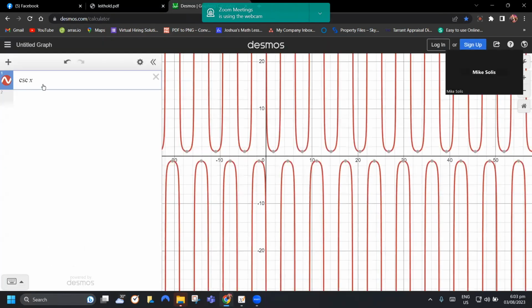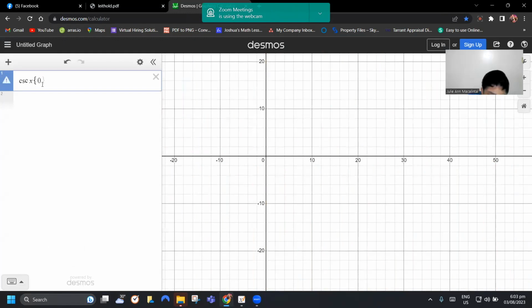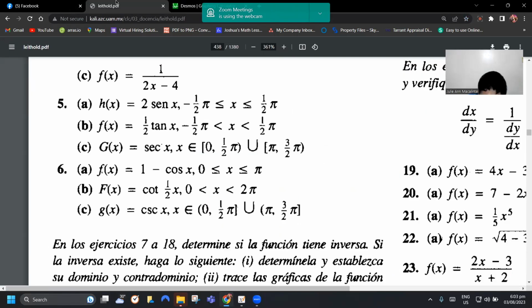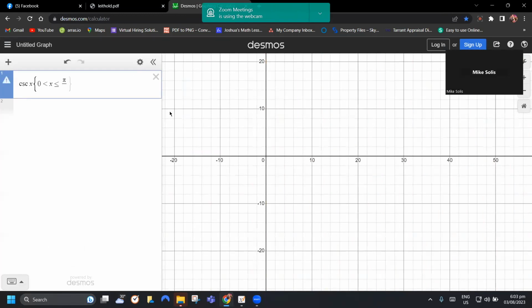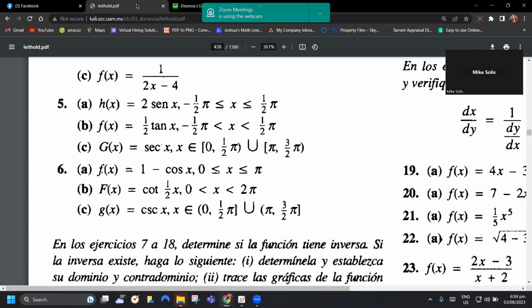Hindi, lagyan mo ng restrictions. Forgot the restrictions. 0 to 1/2 pi.